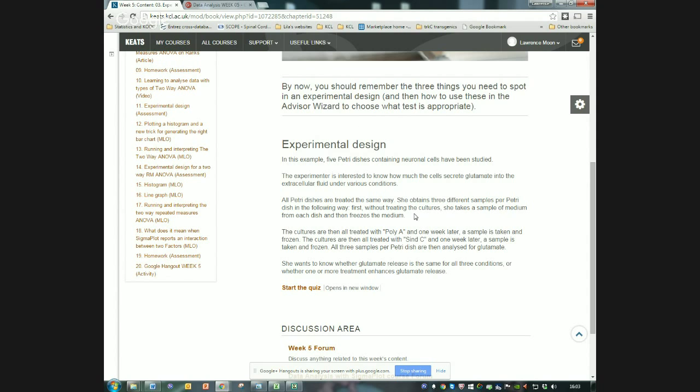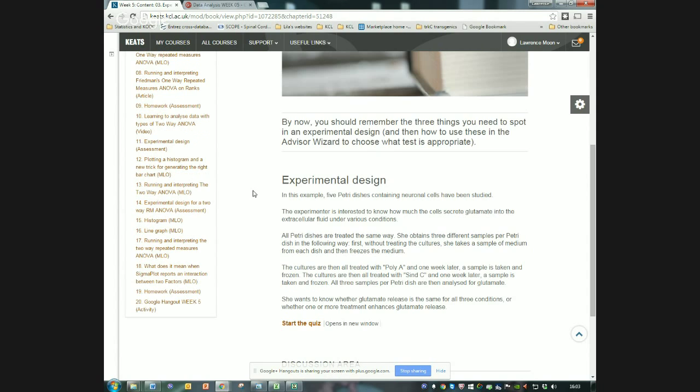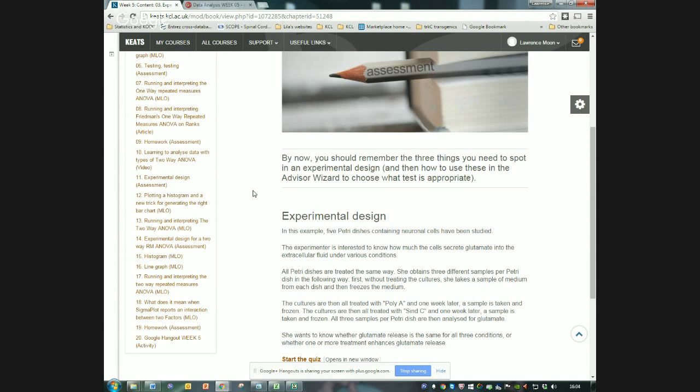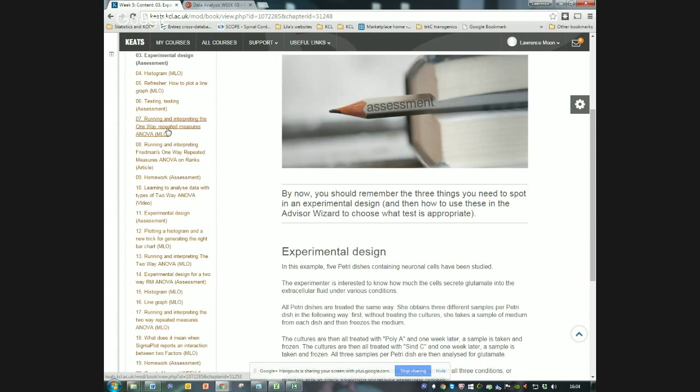You'll learn, if you use the advisor wizard, that there are 2 tests that would be suitable for this kind of data. If you look up here, one of those tests is the one-way repeated measures ANOVA, and the other is the Friedman's one-way repeated measures ANOVA on ranks.